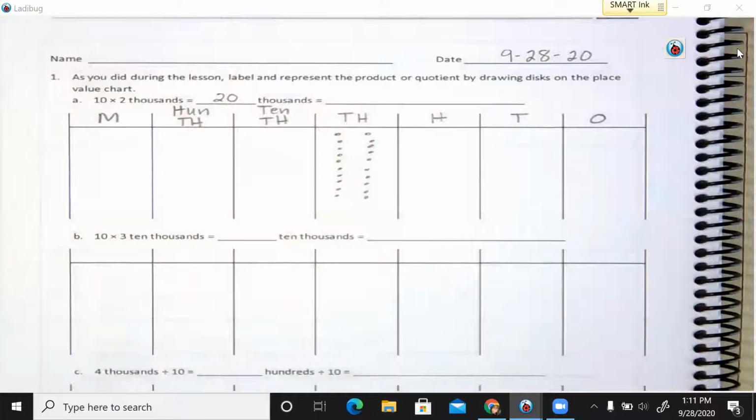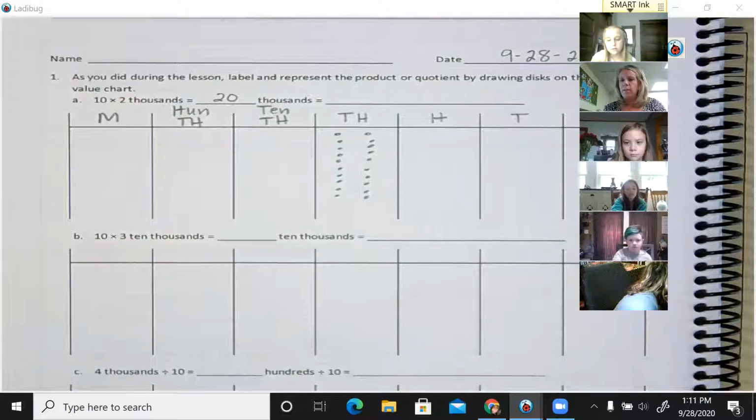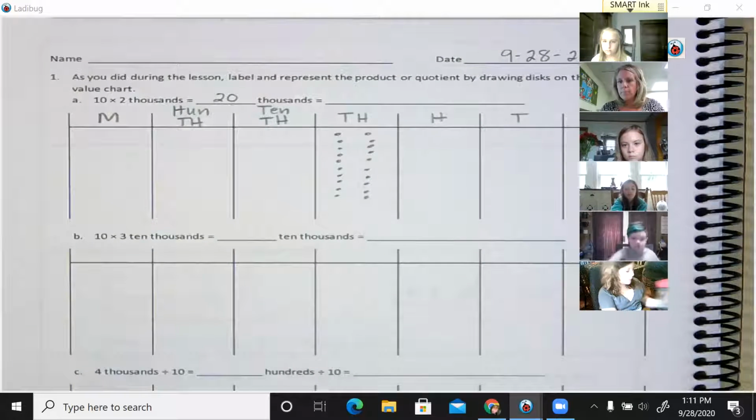I have 20,000s here. Now I'm going to do something that we just learned about last week. It's probably a new term. It means to group things together. Anyone remember what we did a lot last week? Meaning grouping things together. Bundling. Bundling. Very good.